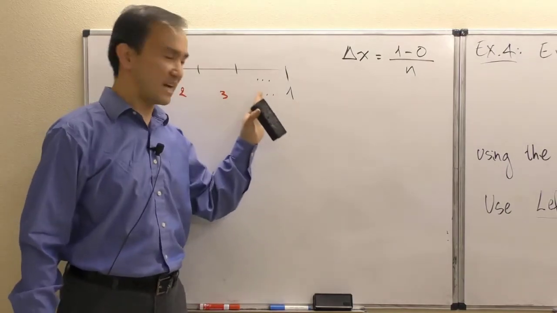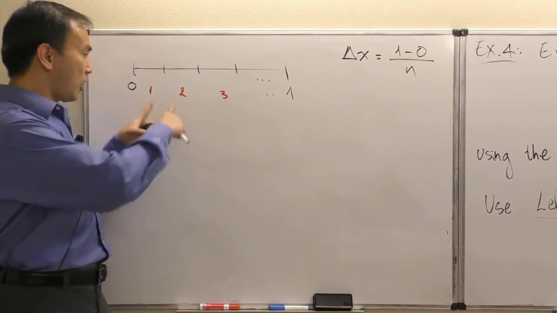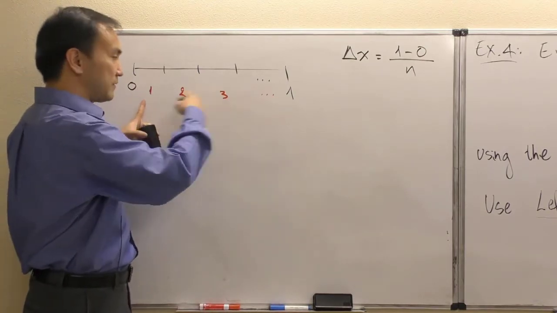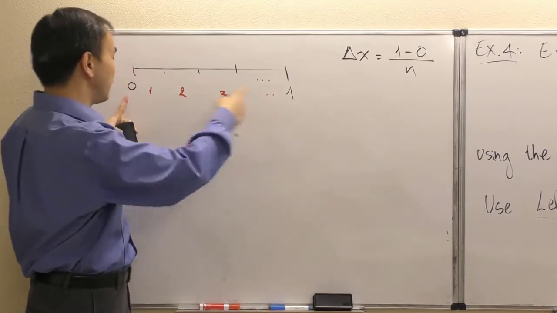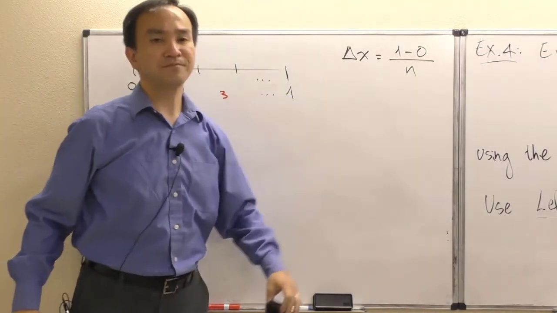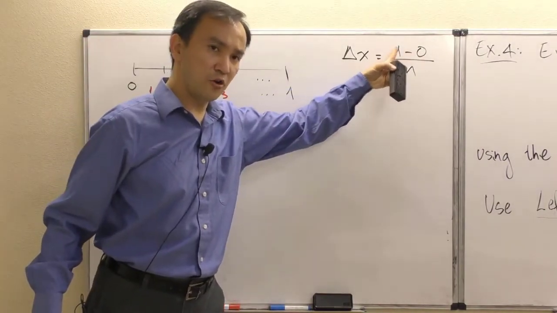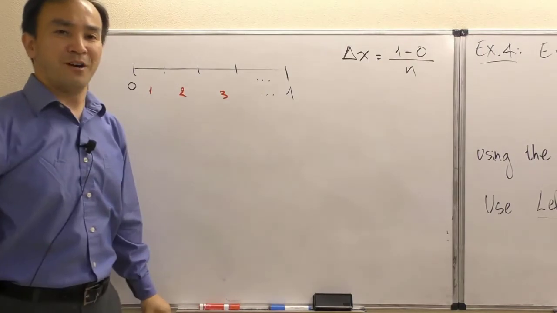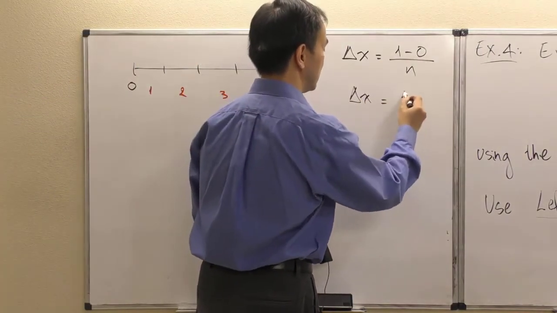I'm leaving that as an open end. All of these subintervals are supposed to be equally fitted in that total interval from 0 to 1. That's why delta x is 1 minus 0, the ending point of our total interval minus 0, over n. Consequently, delta x equals 1 over n.